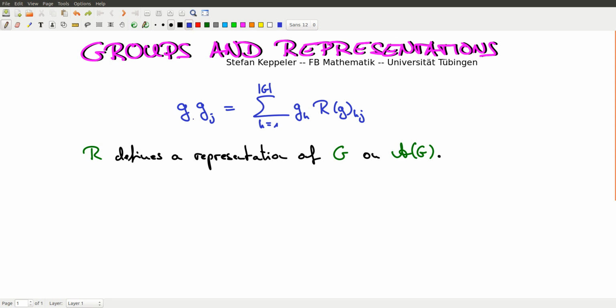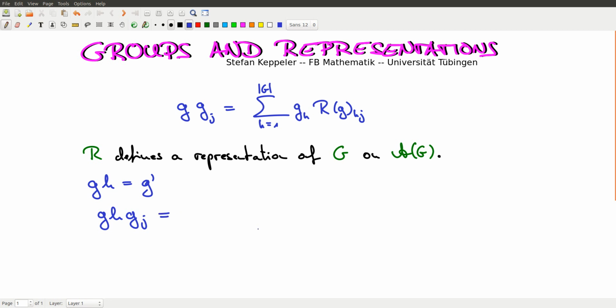And how can we see this? Say we take two group elements, G and H, and then the product is some other group element, G prime. Let's write this in this way as we've written it above in terms of these R's.